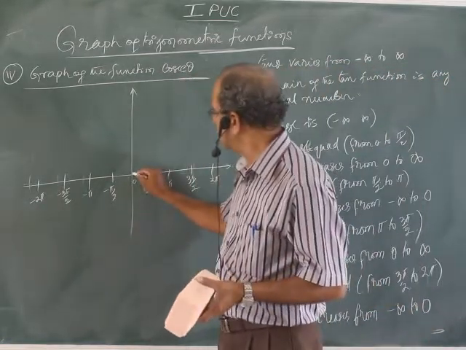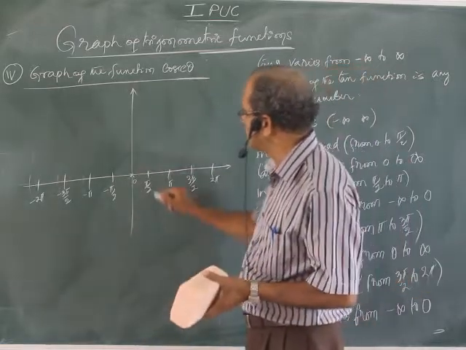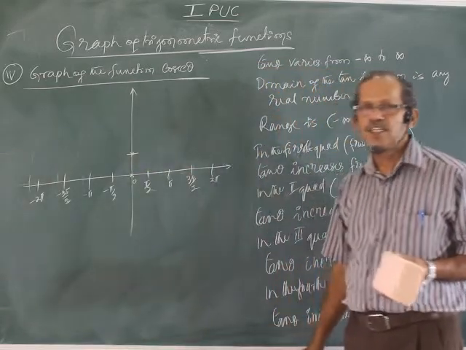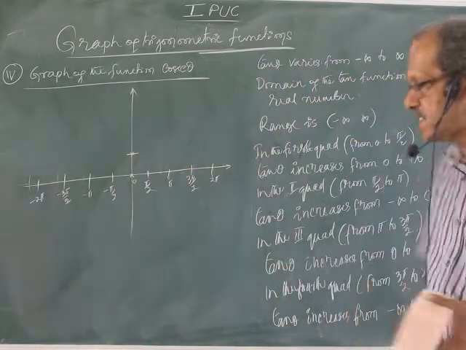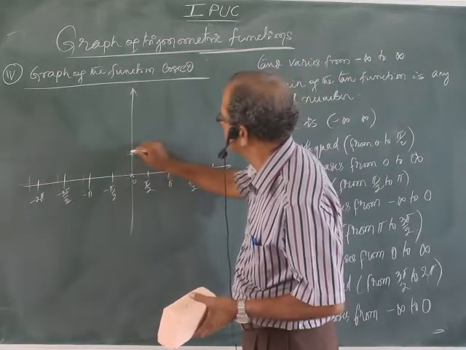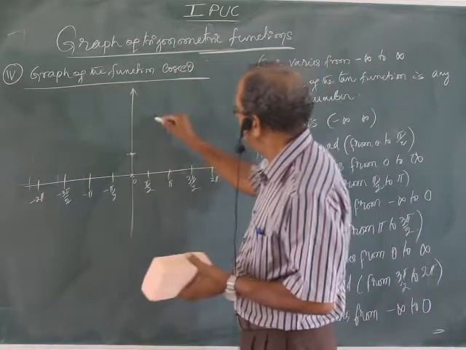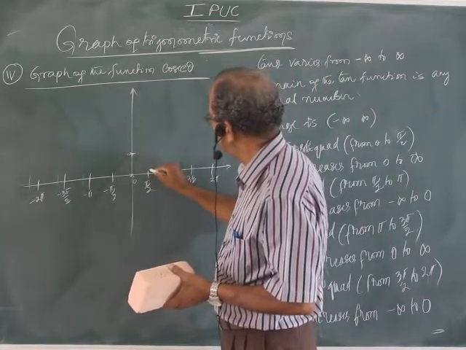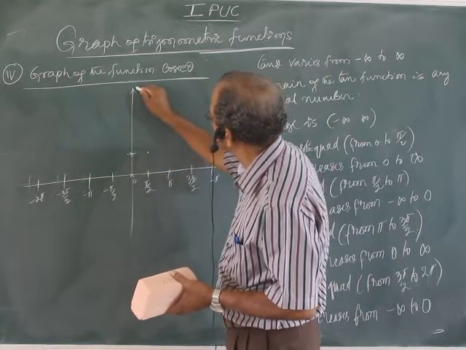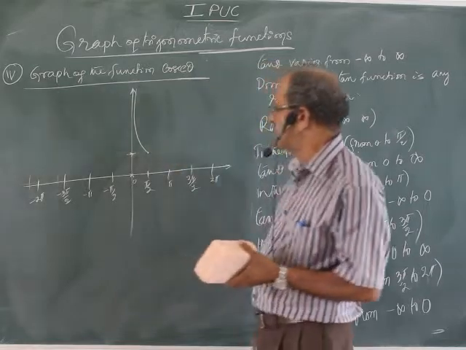Cosecant 0 is not defined. Sin 0 is 0, so cosecant 0 is not defined, or infinity. Cosecant pi by 2 is 1. Cosecant 90 is 1. So from infinity to 1 it comes here.